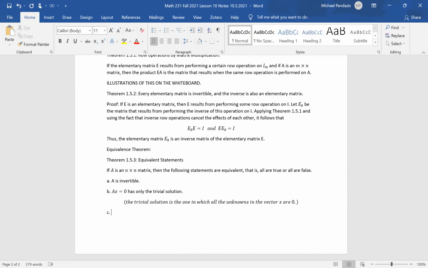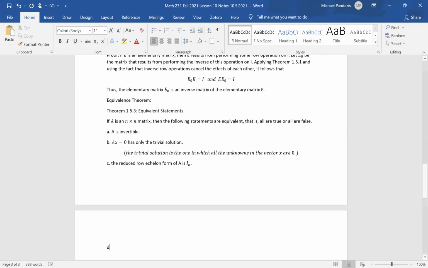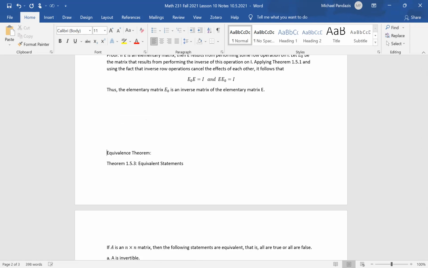C, the reduced row echelon form of A is I sub n, the n by n identity matrix. Okay. And D, A is expressible as a product of elementary matrices. Okay. I'm going to move this to the next page.